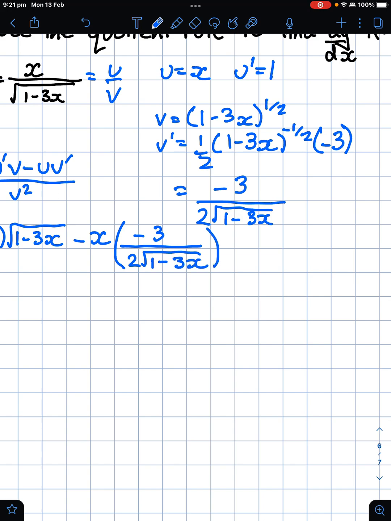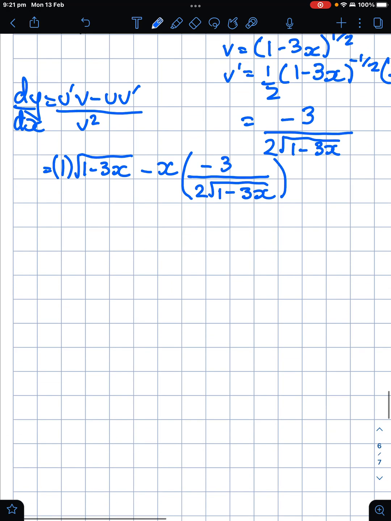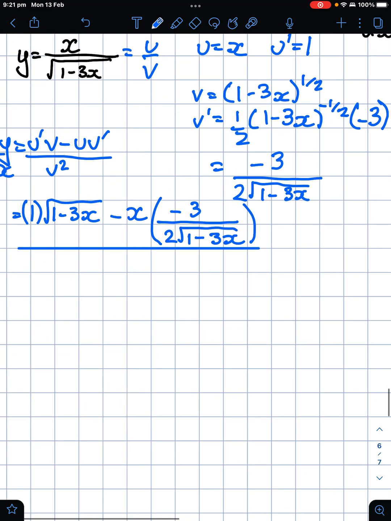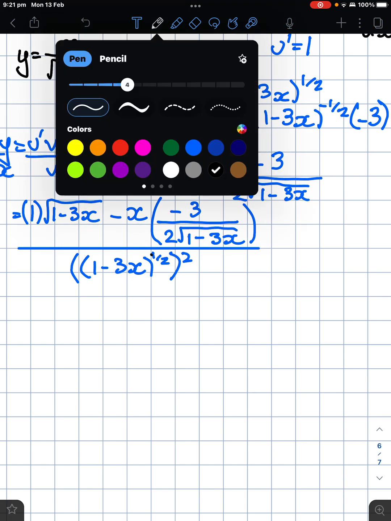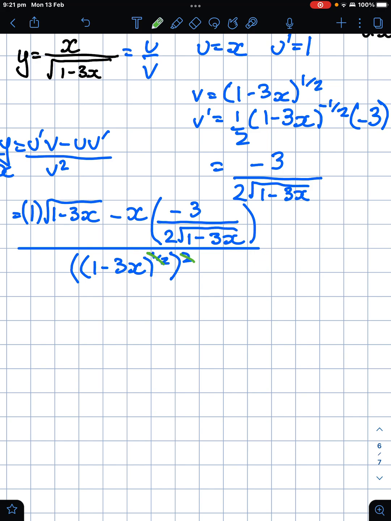This is all over v squared, so v was (1 minus 3x) to the half, and this is all squared. So straight off the bat, this and this are going to cancel, and the 1 is going to be fine.